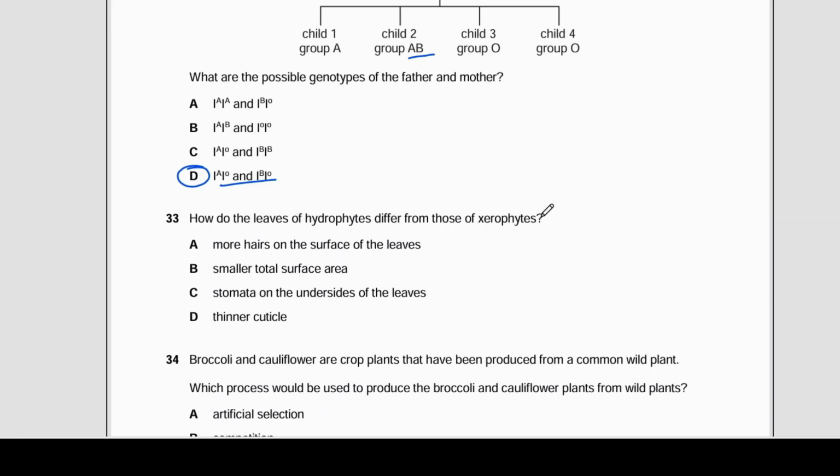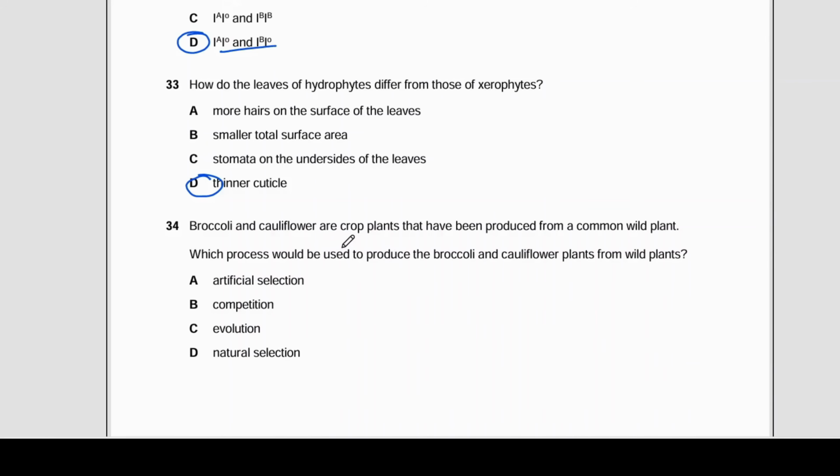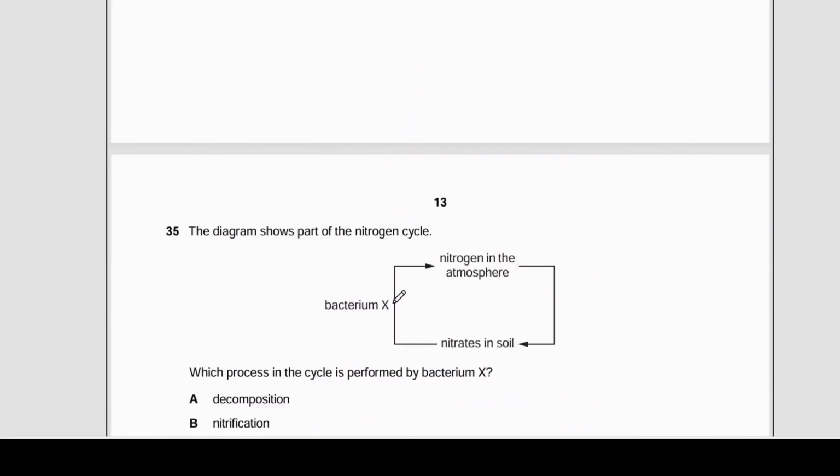They would have a thinner cuticle as well. Okay, broccoli and cauliflower are crop plants that have been produced from a common wild plant. Which process would be used to produce them from wild plants? Artificial selection, since these three are not the ones suitable for this.